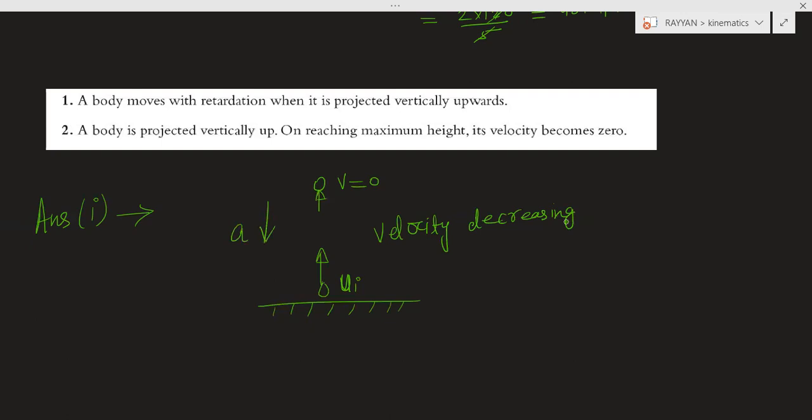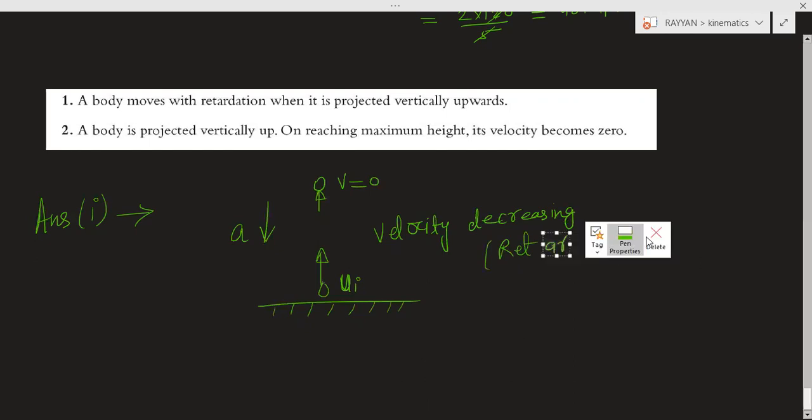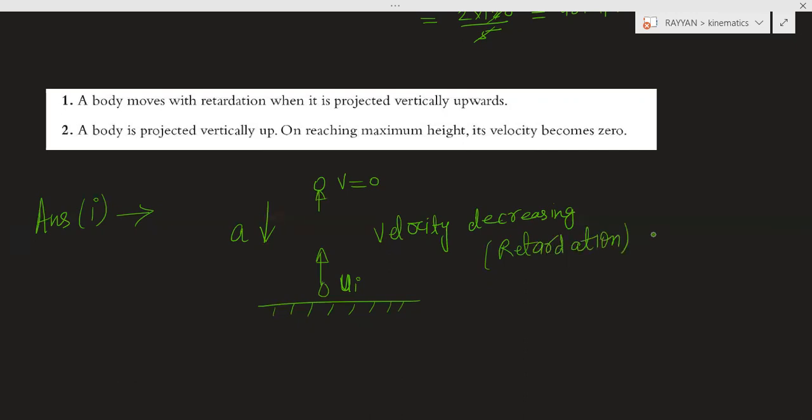That is why the acceleration is in the opposite direction of the velocity, so the velocity is decreasing. And what is the meaning of the velocity decreasing? It means there is a retardation. Wherever there is a retardation, velocity will decrease, and whenever there is an acceleration, velocity will increase. So this is true.